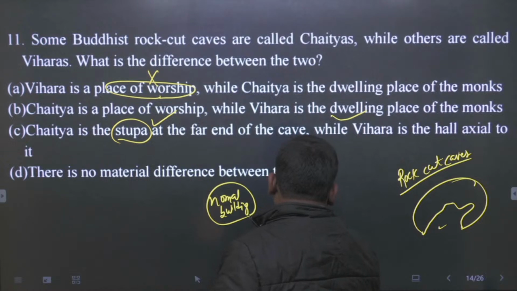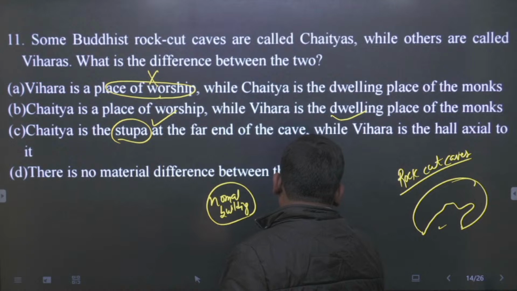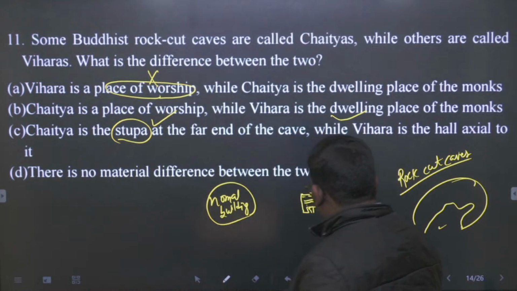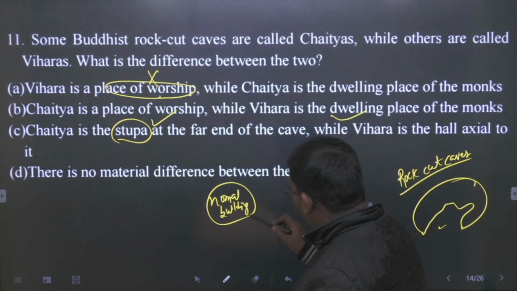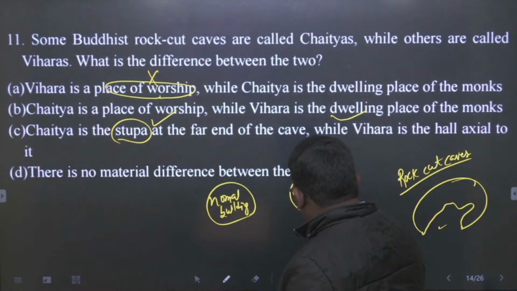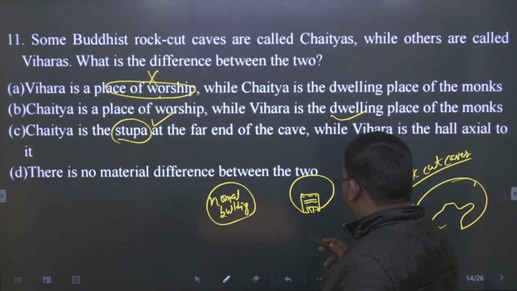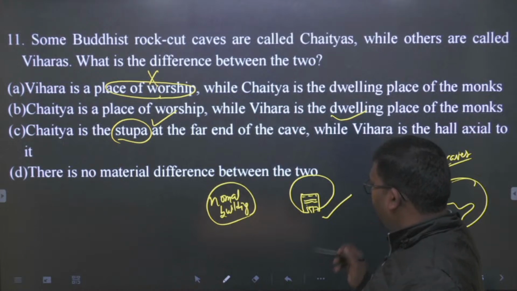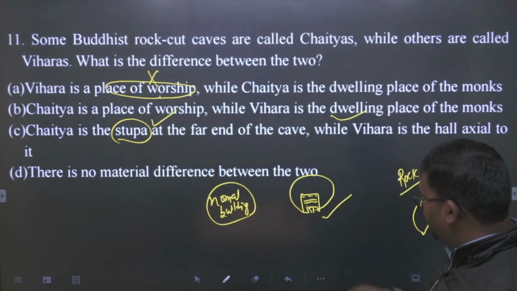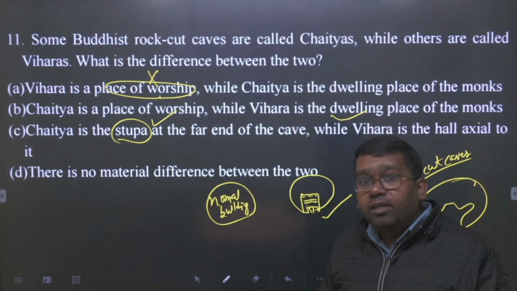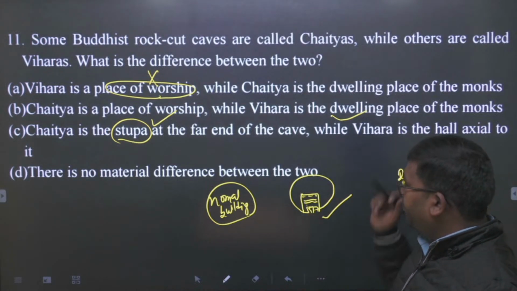So if this is a house, this house will be Chaitya. But upon this house, if architectural work is done, we will make a stupa. So the architectural structure made upon the Chaitya is generally known as a stupa.